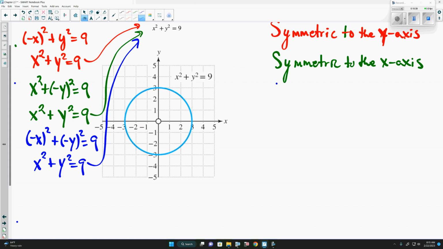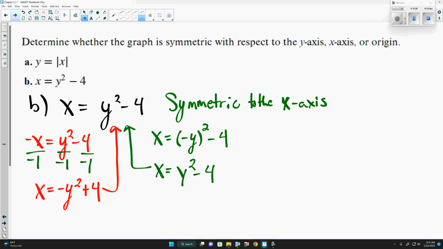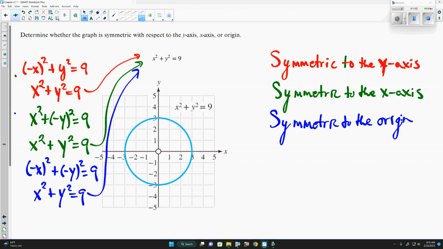Yeah, so we can also say that this is symmetric to the origin. Make sure I spelled that right. O-R-I-G-I-N. So it's symmetric to the x, the y, and the origin. So really, kind of a giveaway that it is symmetric to the origin is if both x and y work, the origin is going to work.